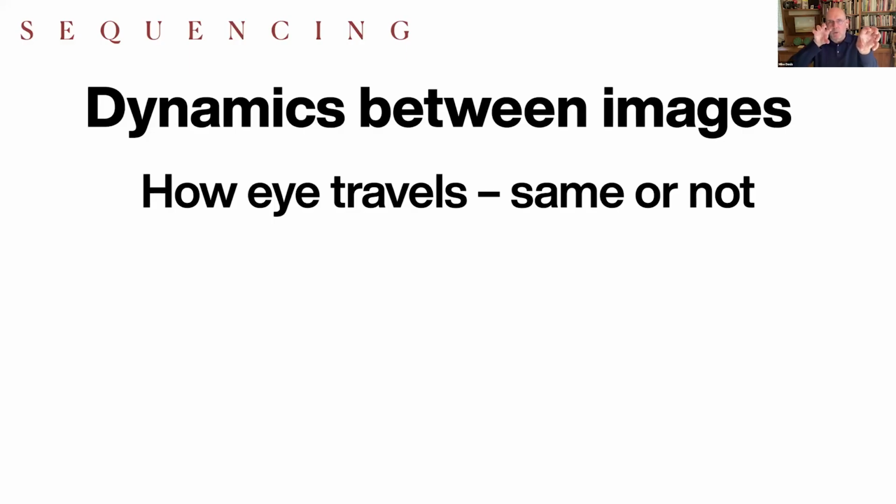So if you keep it the same, that's a consistency and it can work to your benefit. If you're trying to create more of a sense of discord, you can say, okay, I want you to leave this photograph here and start this one down in the bottom right. Then that has a dynamic. You're making people work a little bit.